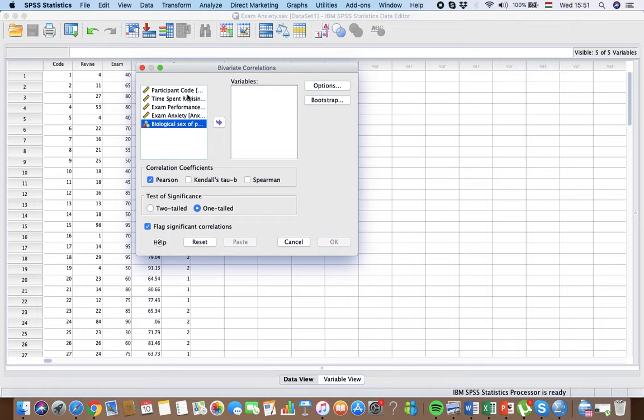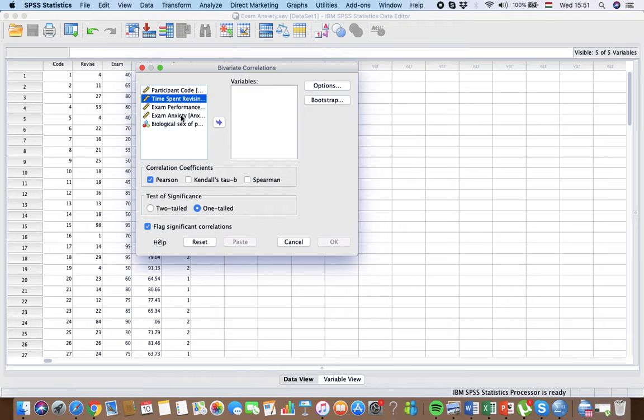On the left side of the box you can see all your variables listed. So if you remember the study, we've got an interval variable, time spent on revising before the exam. The second interval variable is exam performance.